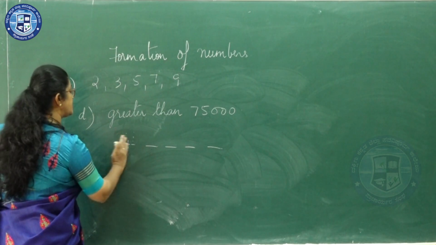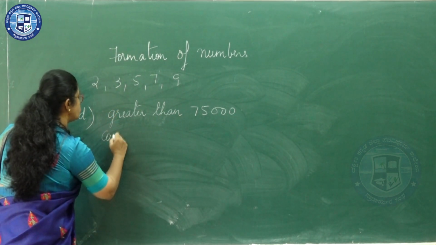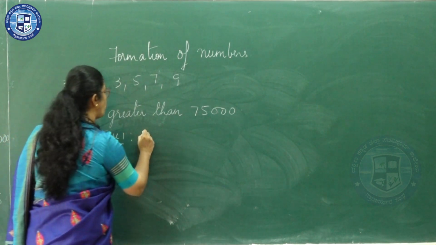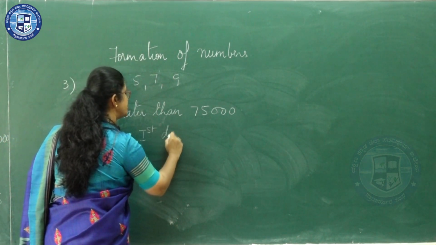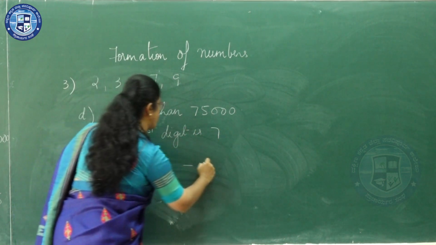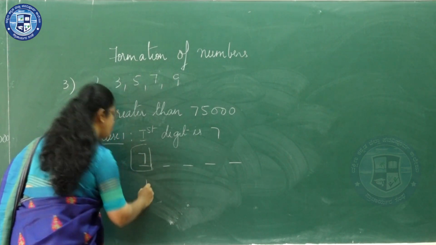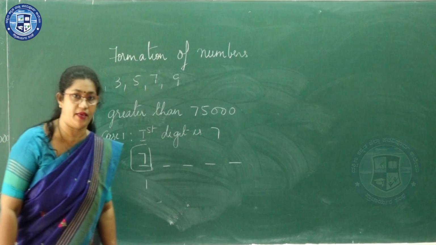So let us take case 1. Case 1 is when the first digit is 7. If the first digit is 7, this can be filled only in one way.